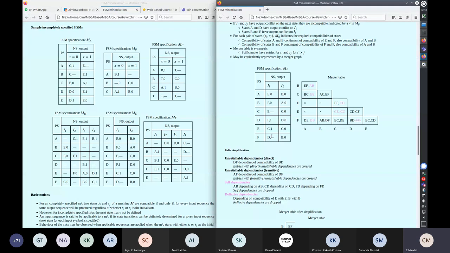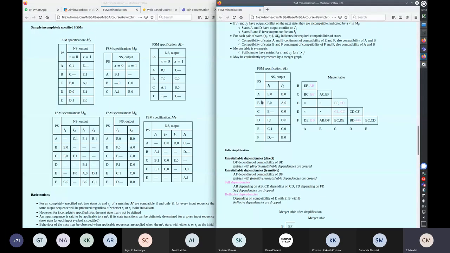If you want D and E to be compatible, of course the output must be specified as 0. And here of course this one is trivial. You need B and B to be compatible. Now let us look at the next one.